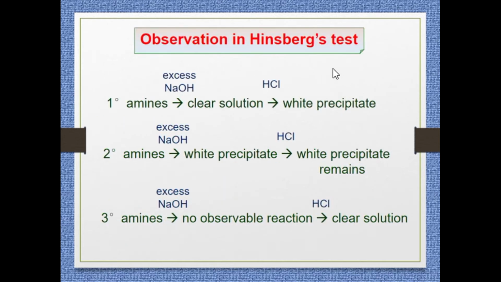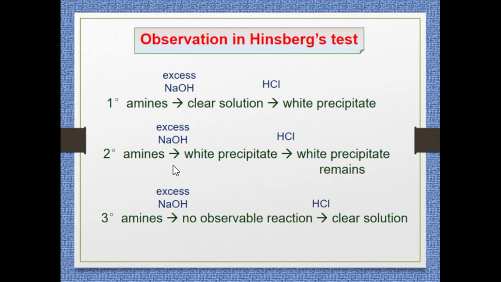This is the observation in Hinsberg test for different classes of amines. For primary amines, the first step will give the clear solution, whereas the second step, during the acidification, will form white precipitate.